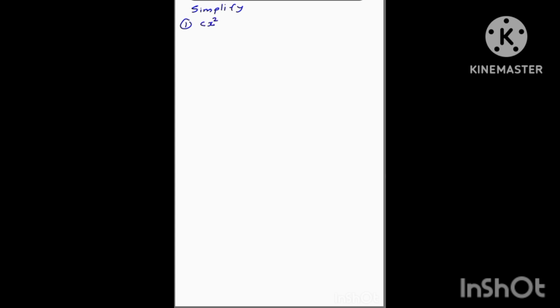x minus 5 bracket into x plus 5 bracket plus 25. Okay, answer. While solving such type of problems, begin with the brackets first.